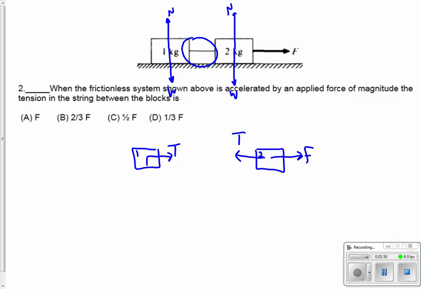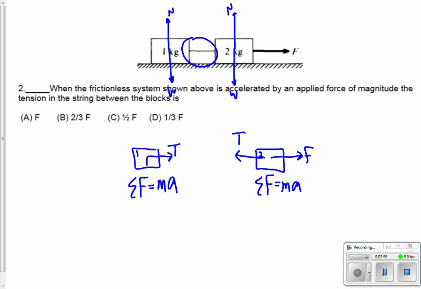Now the next important step is to simply translate these: the sum of the forces has to equal ma for both. And again, I haven't really even read the question yet. I know I need to break this thing down and get it into simple mathematical form. Then I'll look at the question and figure out what I'm supposed to do.